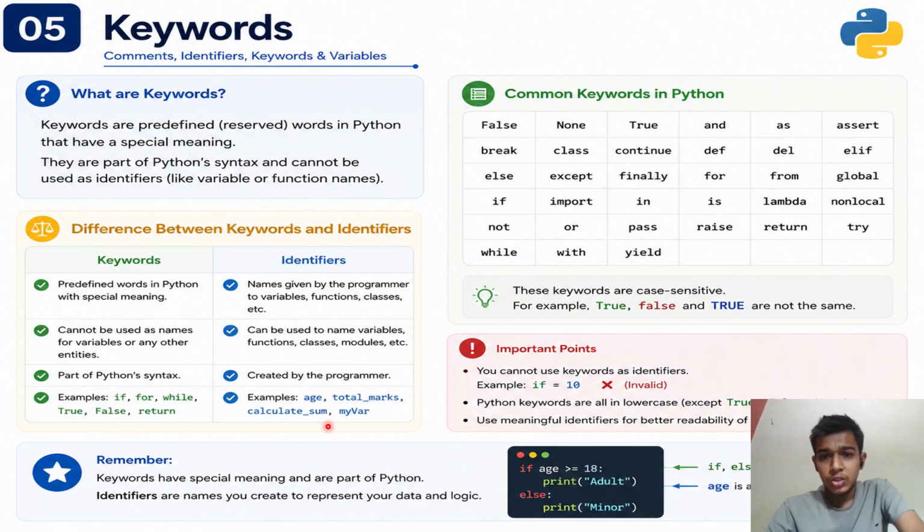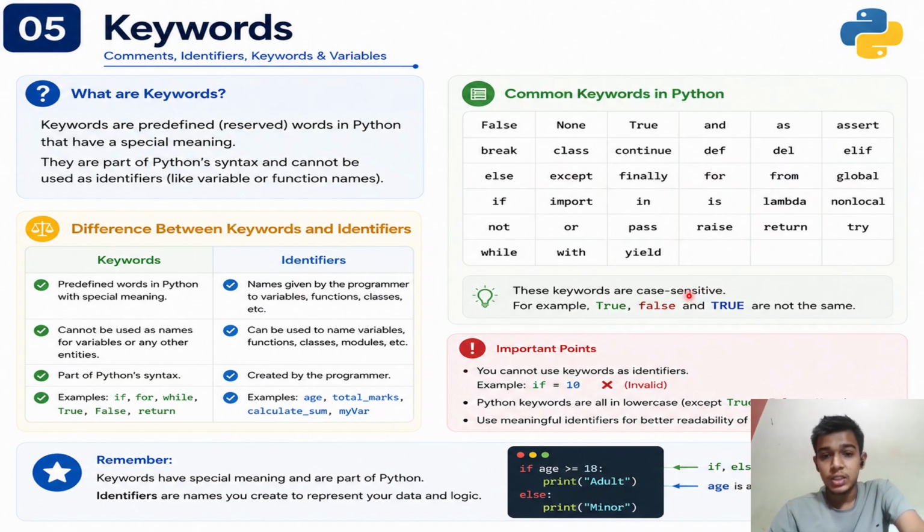So, there are some common keywords in Python like False, None, True, and these are all keywords of Python. There are some important things to remember. Keywords cannot be used as identifiers. Most Python keywords are written in lowercase. However, True, False, and None start with a capital letter, so we should write them exactly as shown.